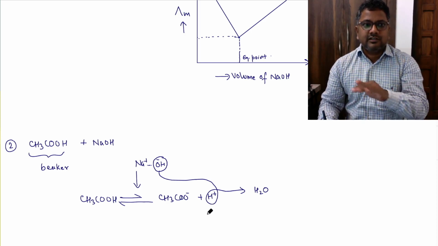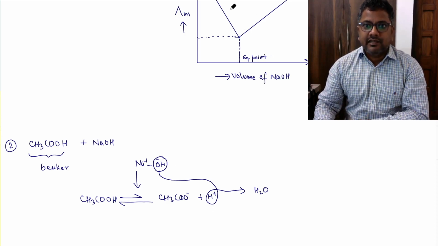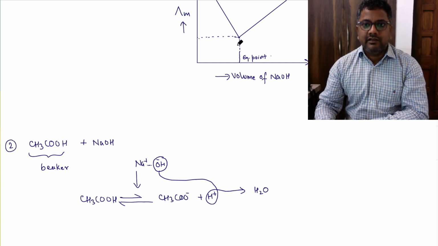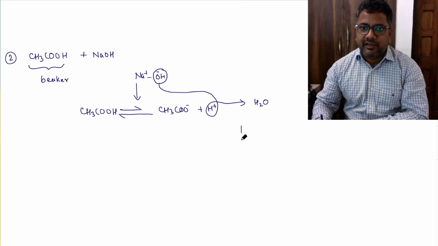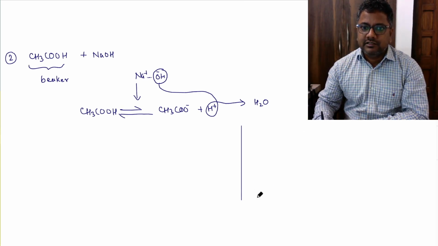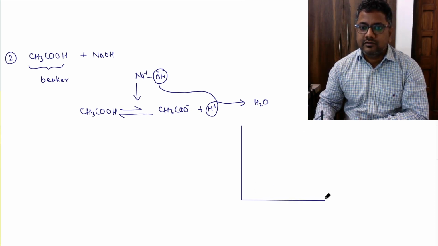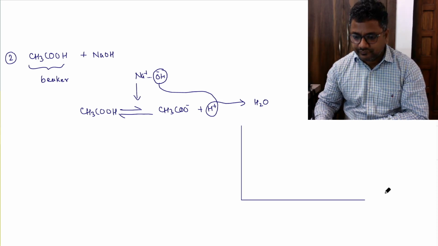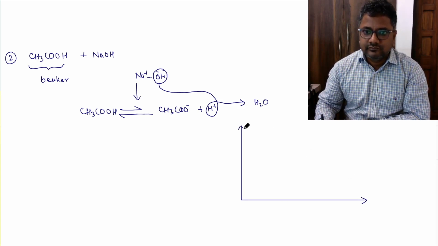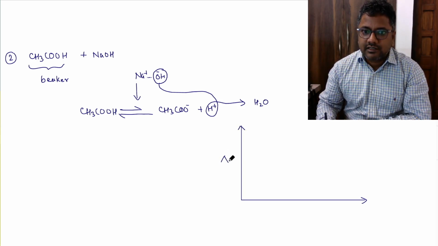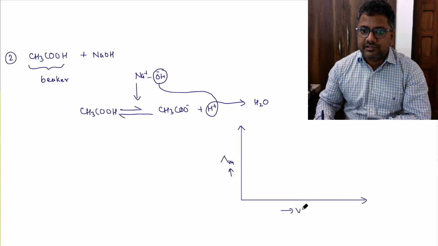But the slope is not as sharp as here, increase or decrease, I mean of the molar conductance. So in a weak acid and strong base, you will get this type of plot. Molar conductance and volume of NaOH.